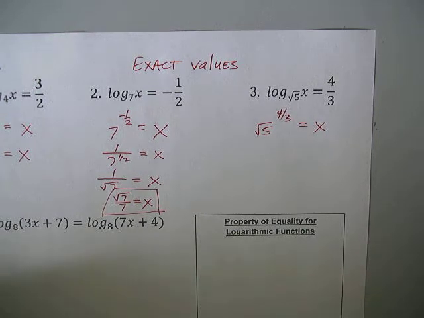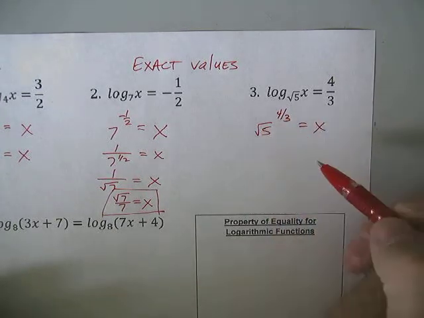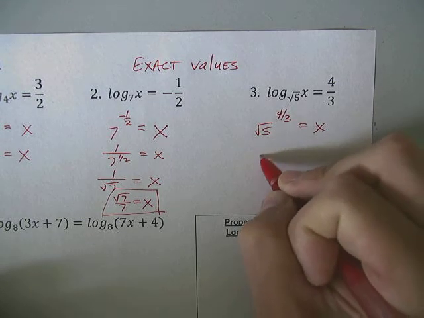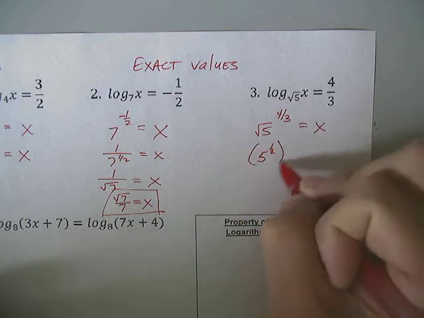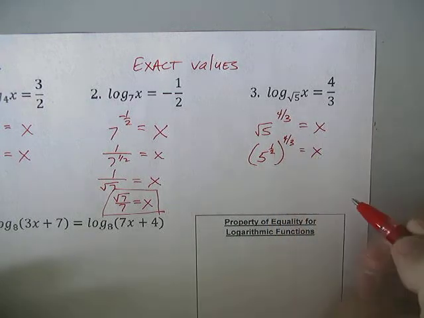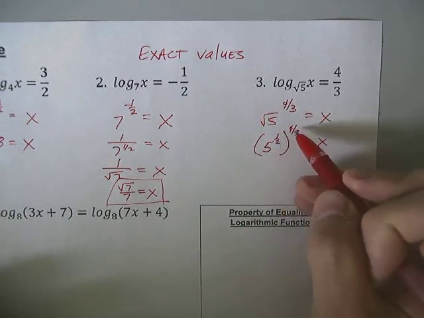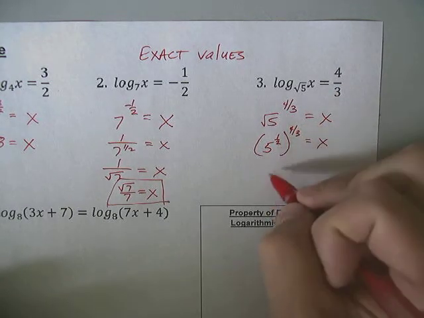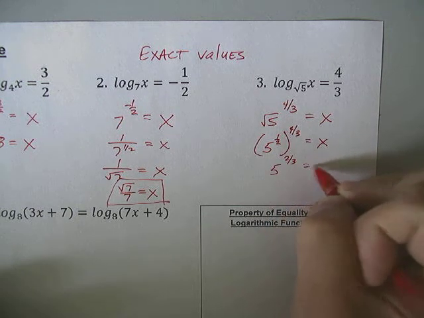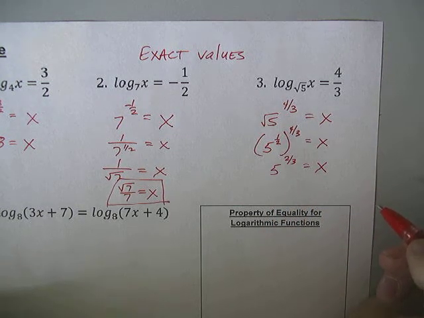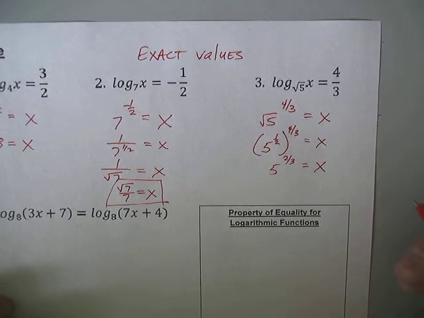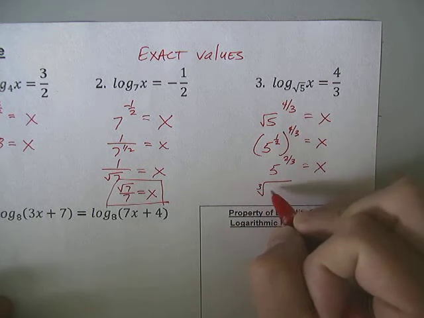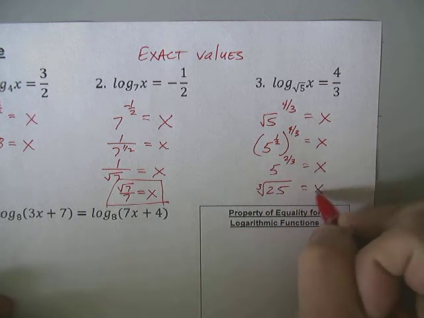Okay, next one. So this would be root 5 to the 4/3 equals x. Now this one's a tough one. So how on earth do I do that? Well, I don't really know what the square root of 5 to the 4/3 is, but I do know that I can change the square root of 5 to 5 to the 1/2, and if I multiply 1/2 times 4/3, the 2 would cancel, so I get 5 to the 2/3.